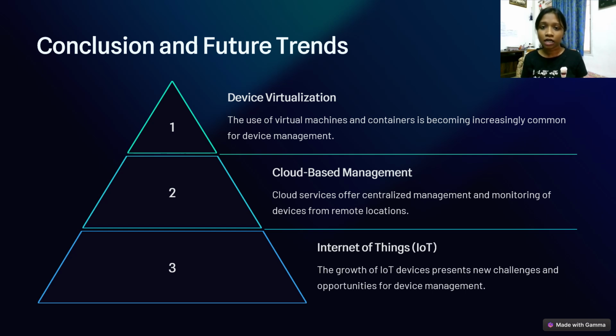Additionally, the IoT, that is Internet of Things, will connect more devices to the internet, making everyday objects smarter and more interactive. These advancements will make device management more flexible and powerful, improving how we use and interact with technology. Thank you.